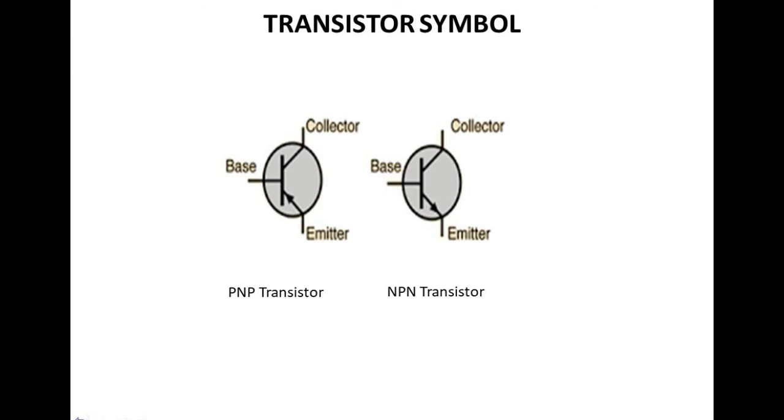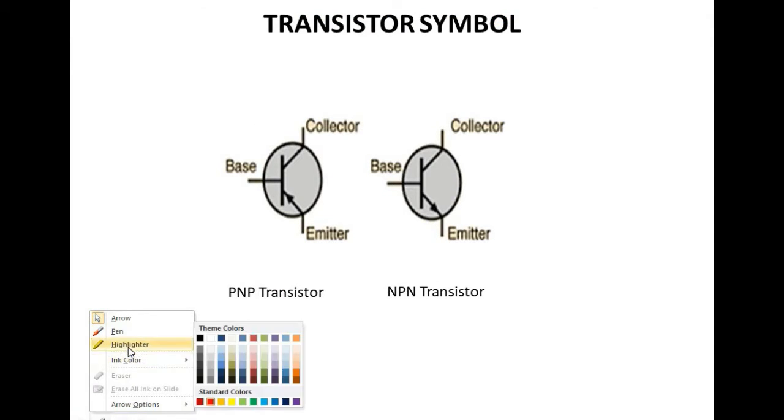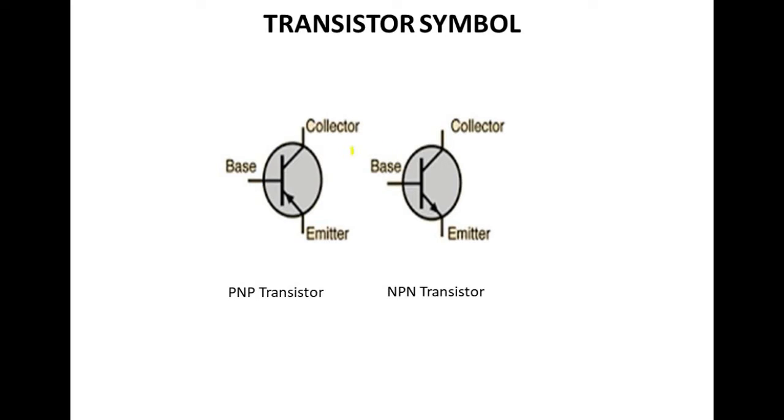Now come to the transistor symbol. Because we have studied two types of transistor, let us talk about their symbols. Here the first symbol is of the PNP transistor and the second is the NPN transistor. How will we differentiate between PNP and NPN? Look at the direction of the emitter current.